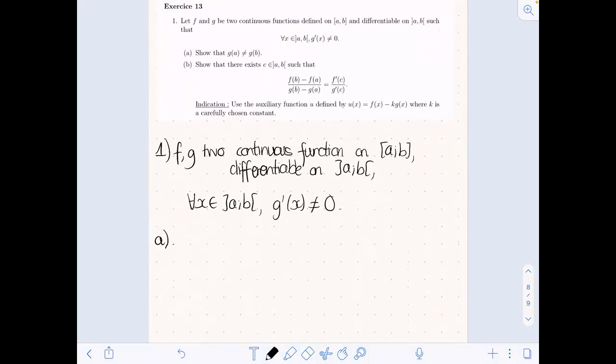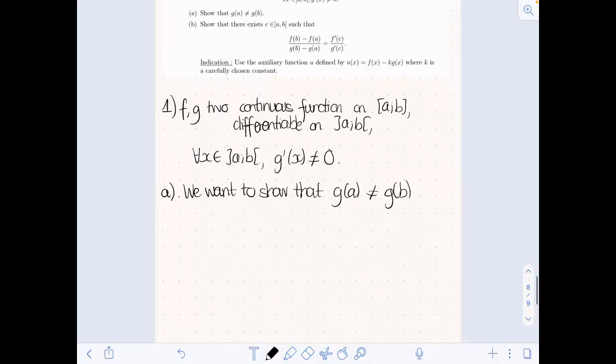We want to show that g of A is necessarily not equal to g of B. There are two ways you can probably justify it. First of all, through the contrapositive of Rolle's theorem. We can also prove it manually if you want to, but it comes down to the same reason.